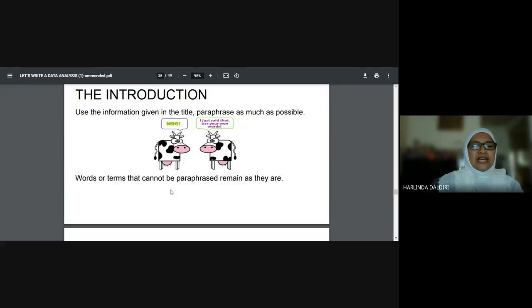Words or terms that cannot be paraphrased remain as they are. Let's say for example a simple word like car. Maybe you can use a synonym for car. What is the synonym for car? Vehicle? Vehicle is for everything.